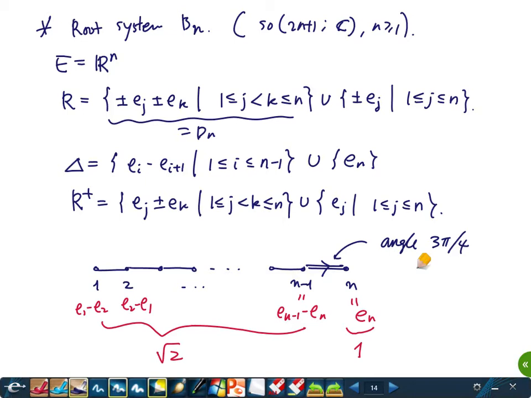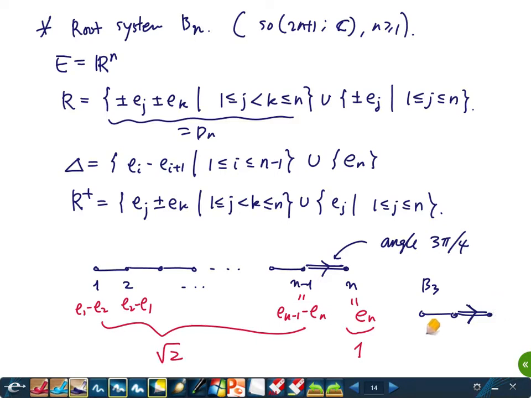So maybe you can see from this. This is B_3. So in the B_3 case we have this, right? These two have length greater than this, because this vector has length greater than the length of that.